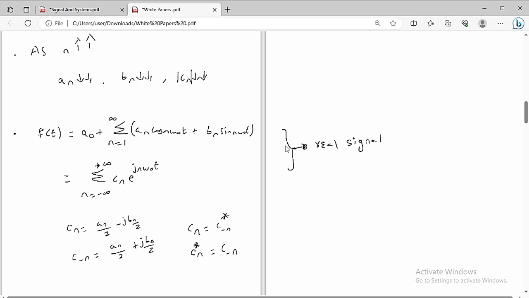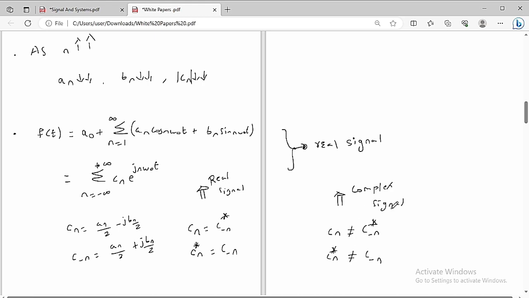This concept holds only for real signals. For complex signals, these are not valid, because Cn is not equal to C of minus n conjugate, and Cn conjugate is not equal to C of minus n.